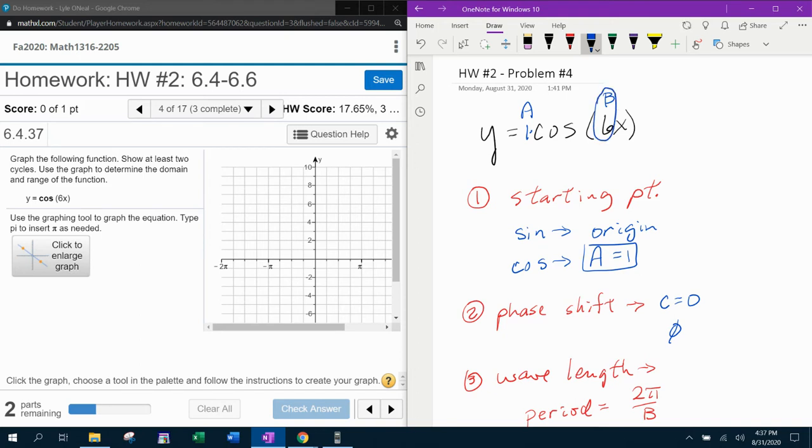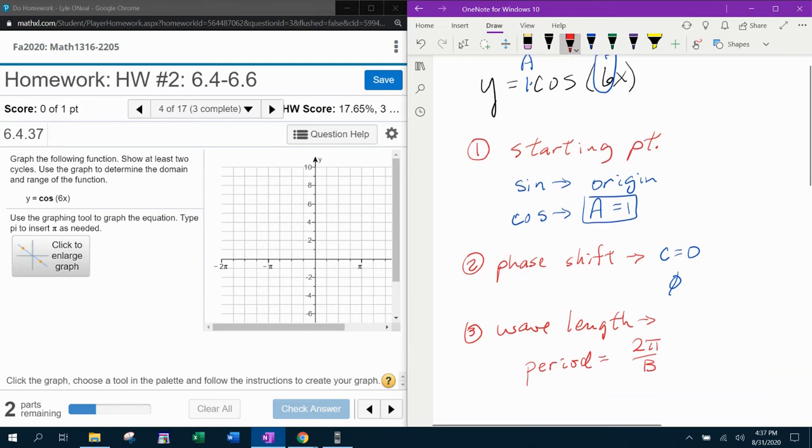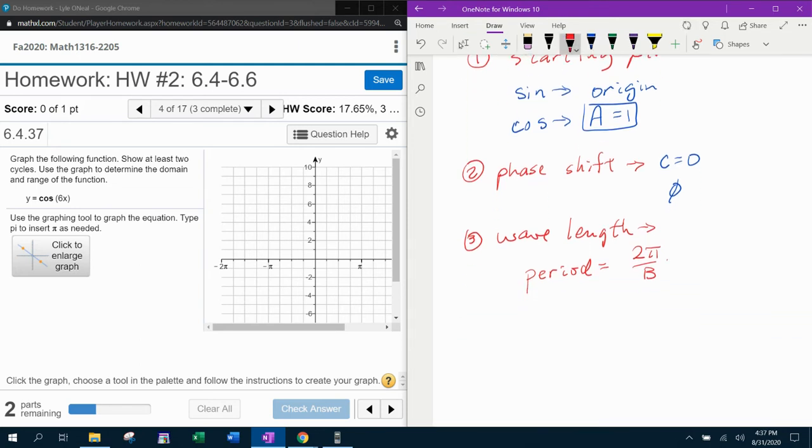So our value of b is 6. And so our wavelength, our period, is going to be 2 pi over 6, which will reduce to pi over 3. So our wavelength, our period, is going to be pi over 3. That's going to be a fairly short wave.